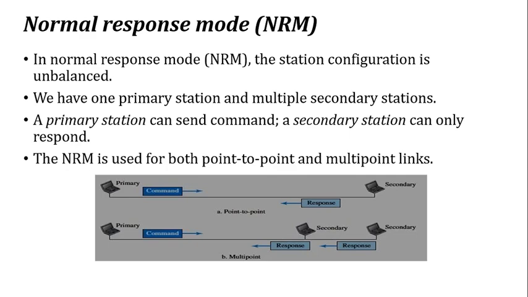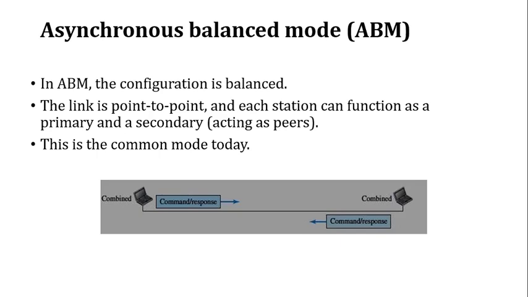Here you can see the diagram for both. In point-to-point, one primary station and one secondary station, and in multi-point, one primary station and two secondary stations for response. That's all about NRM, normal response mode.